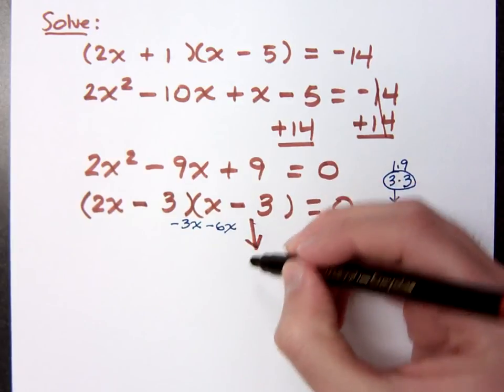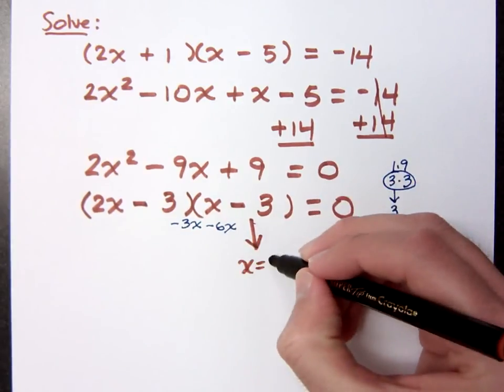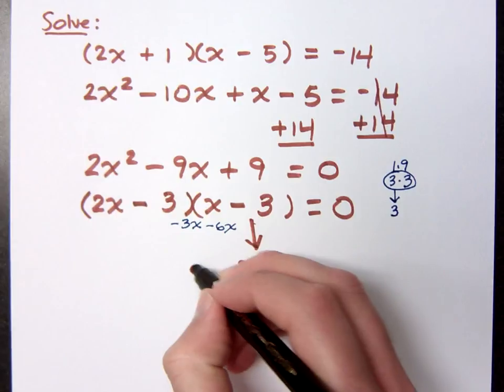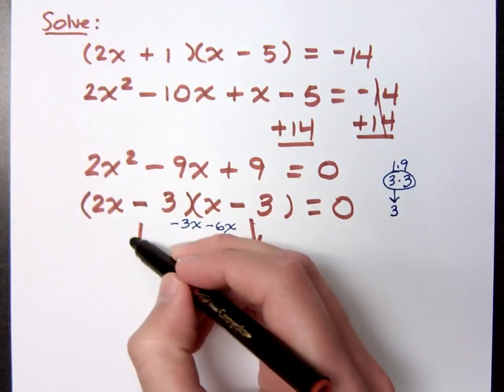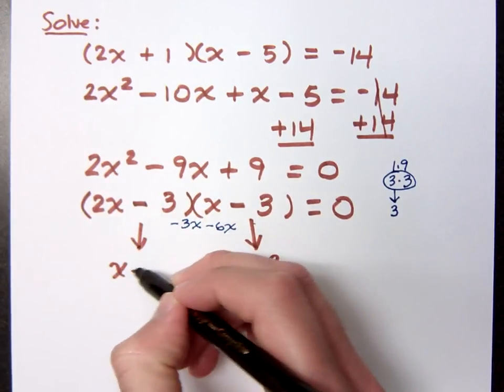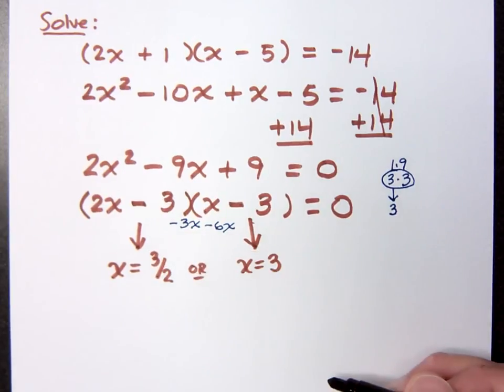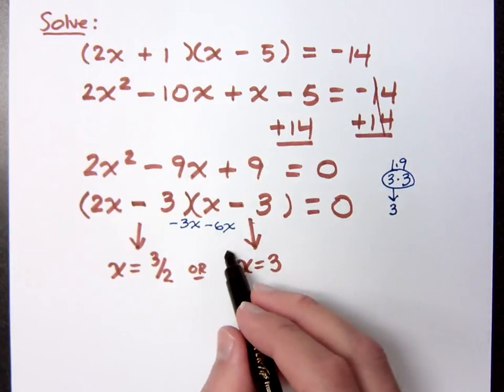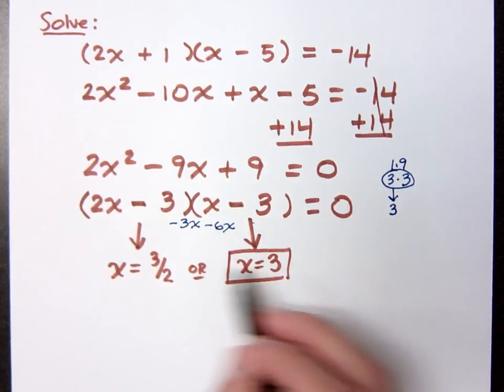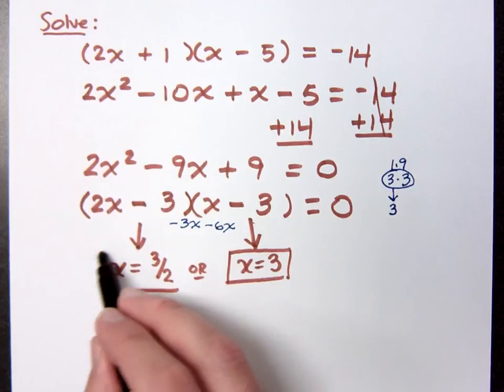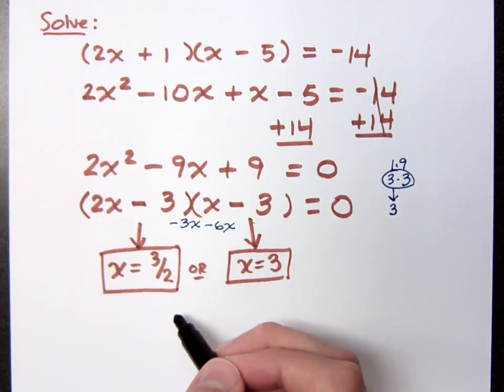So what does x equal? 3. x equals 3, or x equals what? 3 over 2. Write it like that, with a bar separating, not like a slash.